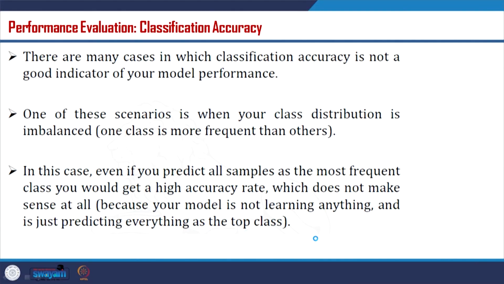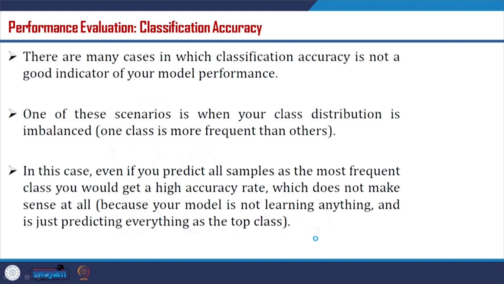However, there are many cases in which classification accuracy is not a good indicator or not a good criterion for performance evaluation. One such scenario is when your class distribution is imbalanced, meaning you have more patterns from a particular class compared to another class, or one class is more frequent than others.